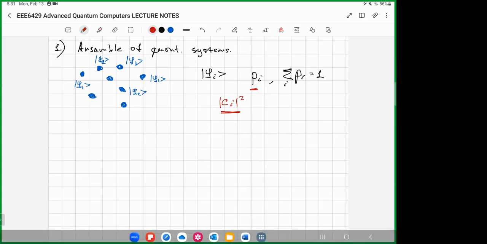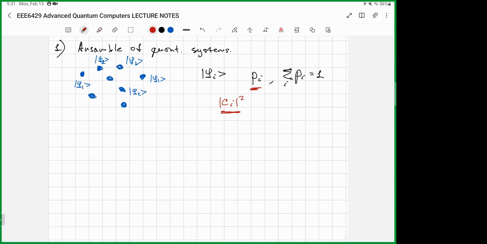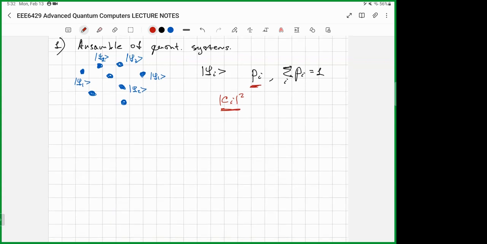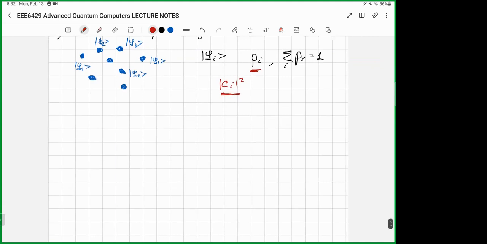But this p_i is just because we don't know enough about the system under consideration. We cannot predict with 100% certainty which subsystem we will observe. We can only predict probabilities, and these two probabilities are different.